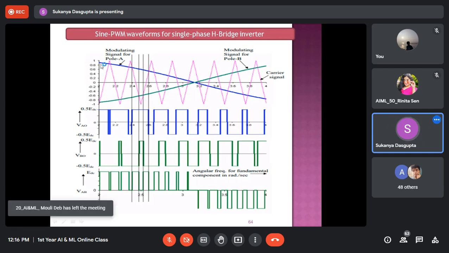When the blue one is at positive maximum voltage, the green one is at negative maximum voltage. That means they are 180 degrees out of phase with each other.